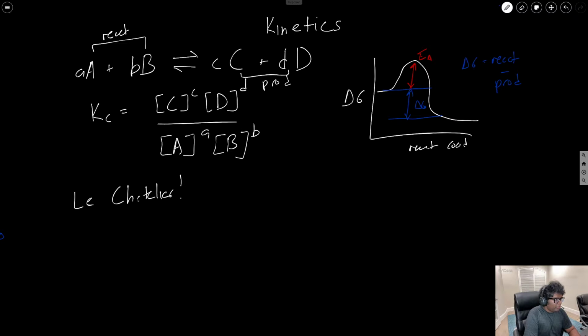Your Kc, that's your equilibrium constant for a kinetic equation. It'll always be products over reactants, and the reactants and products, both of them, will always be raised to their coefficient. So if you have 2, you're not multiplying it by 2, you're raising it to 2. It'll be squared, not times 2.